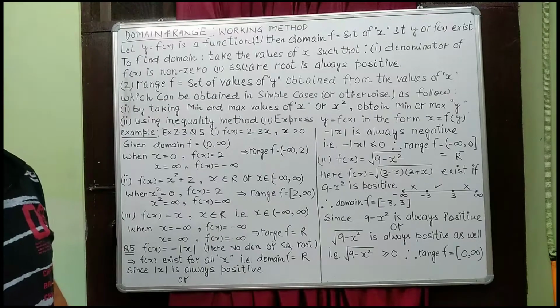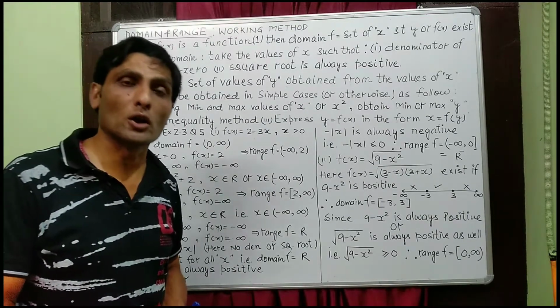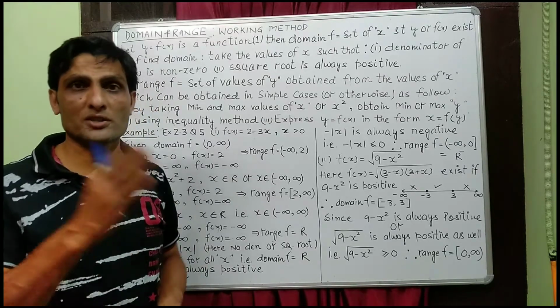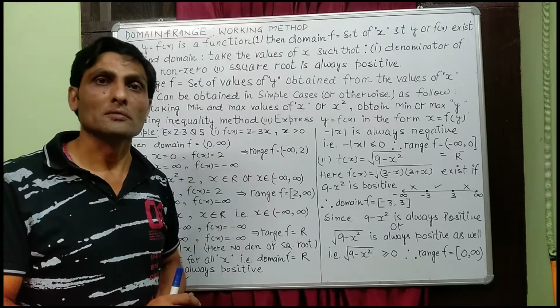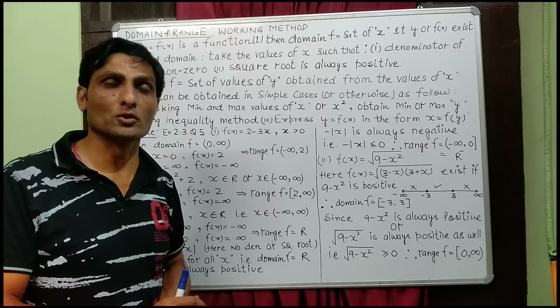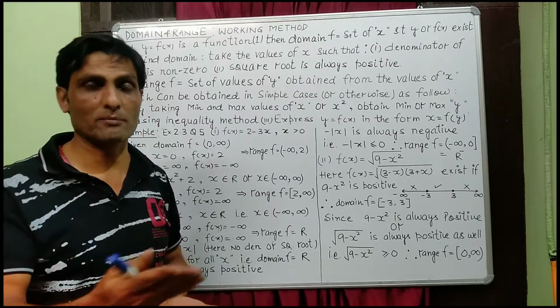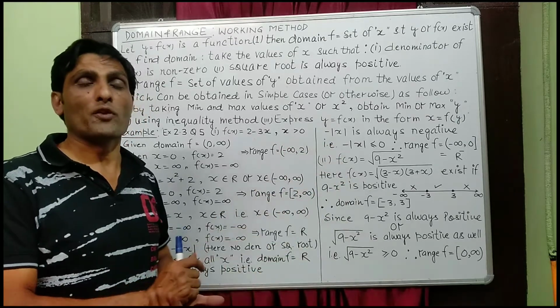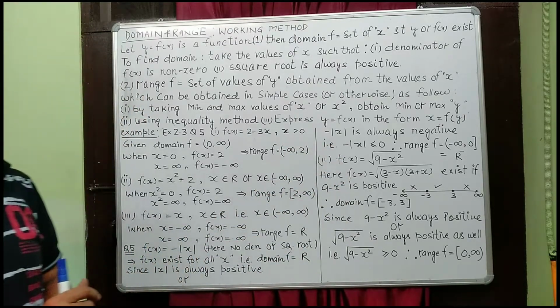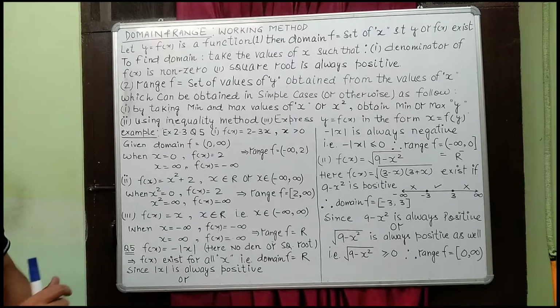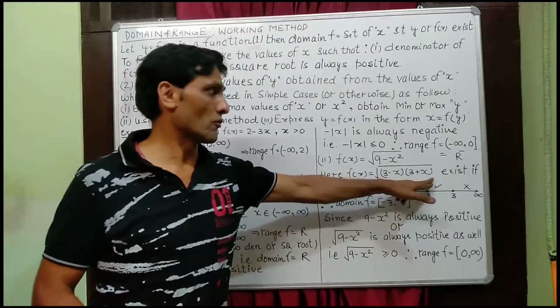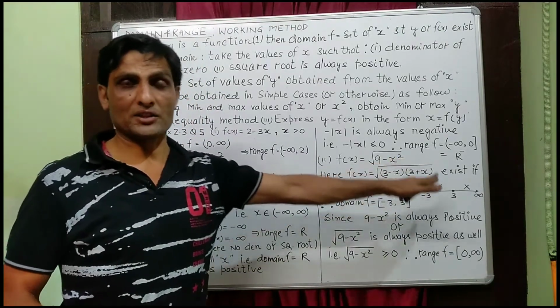Why are we taking these values? Because you know very well that a function becomes positive or negative by crossing 0. To the right side of 0 there are positive numbers, to the left side of 0 there are negative numbers. So to find where the function is positive and where it is negative, first of all we find where the function is 0: at 3 and minus 3.